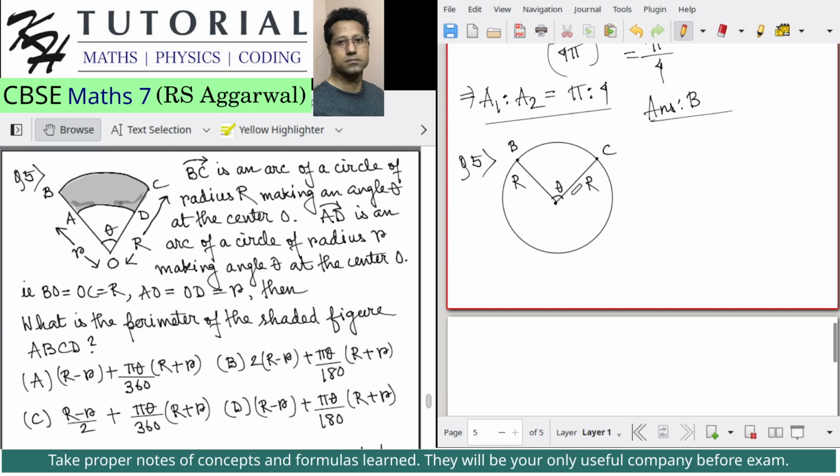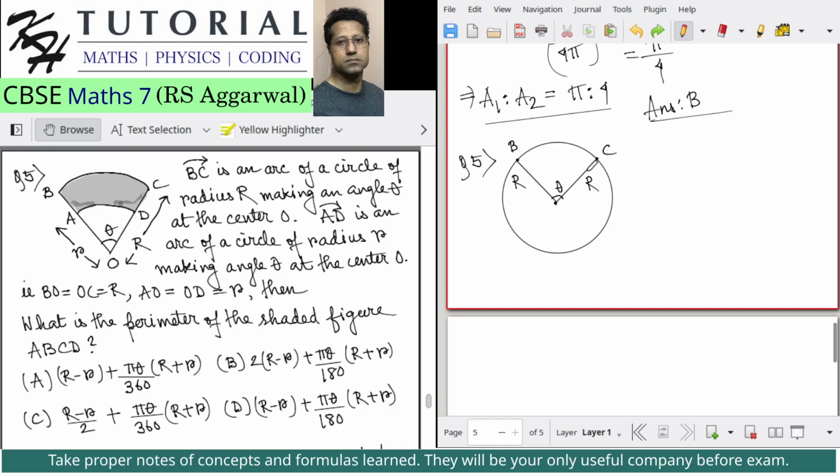There is another arc AD which is also making an angle theta. So AD is an arc of another circle of smaller radius, small r, which is also making an angle theta at the center O. O is the common center for both the bigger circle and the smaller circle.